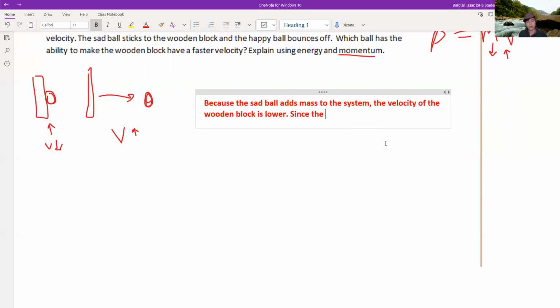Since the mass is less for the happy ball collision, the velocity increases.